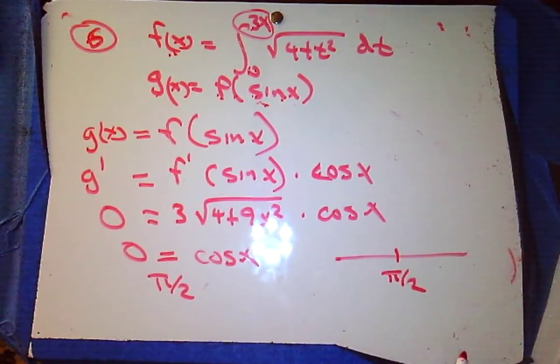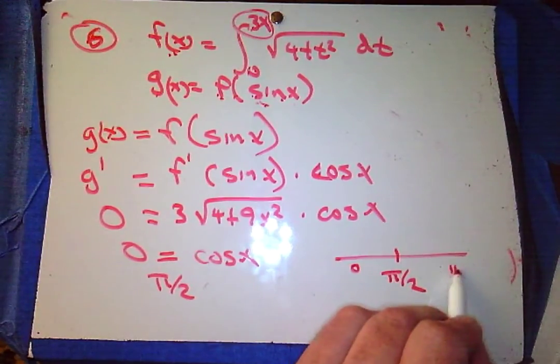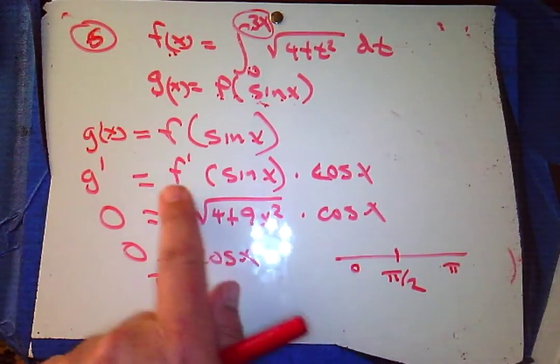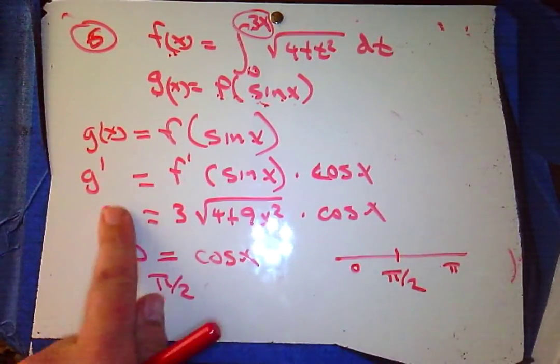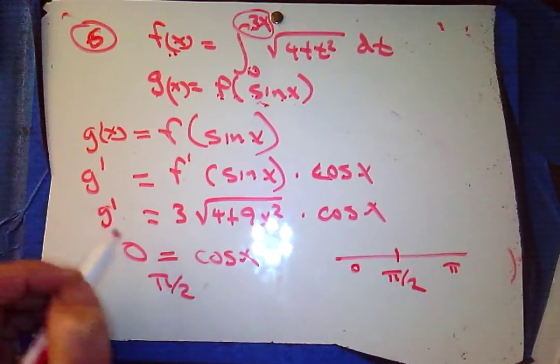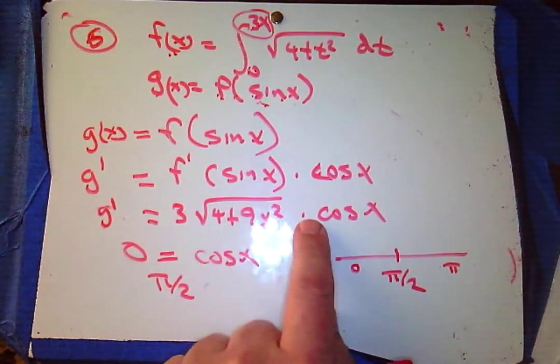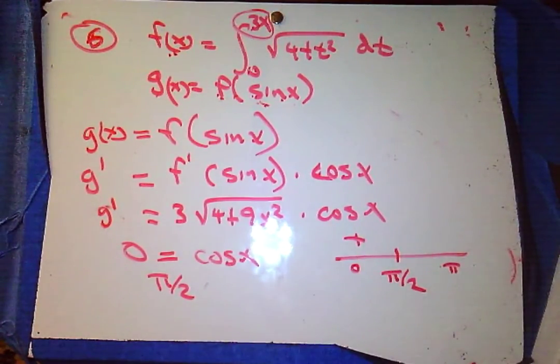That represents the maximum value. Well, let's just confirm that this is a max. On 0 to pi, if I plug a 0 into g prime, I get 6 times 1, or 6, and that's positive.